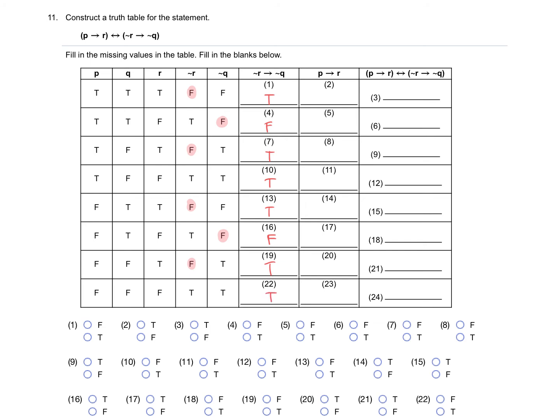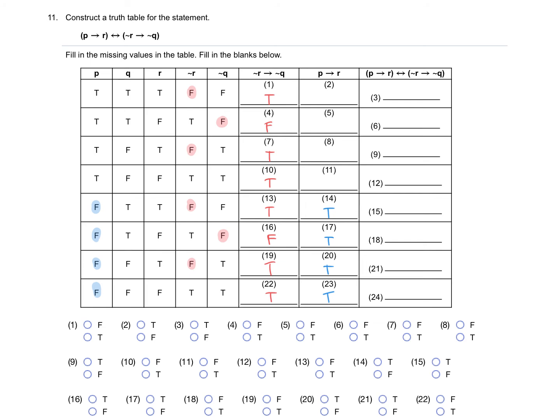Okay, so now we have P implies R. So this is kind of the same idea. We're going to go over to the P, and anything that's false for P, we're going to go ahead and write a true, because we know that if the first thing is false, this conditional statement is true.